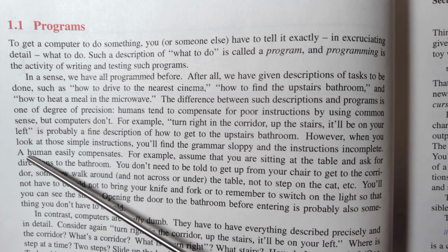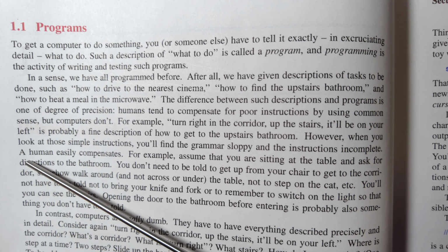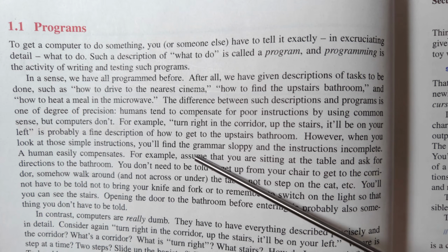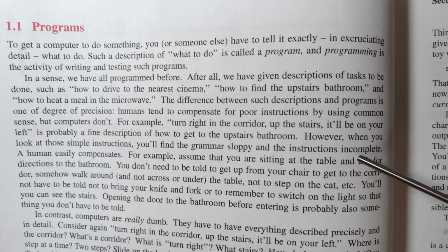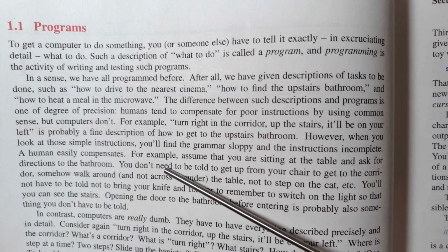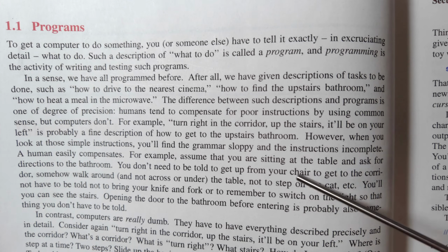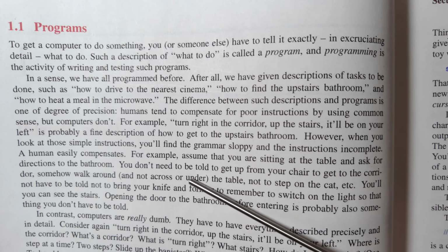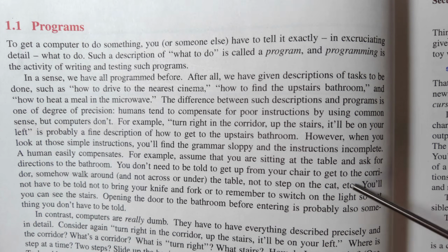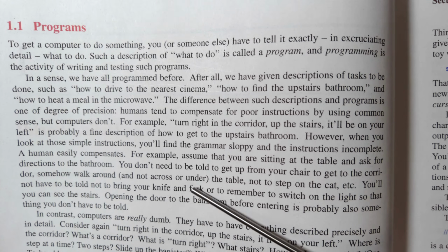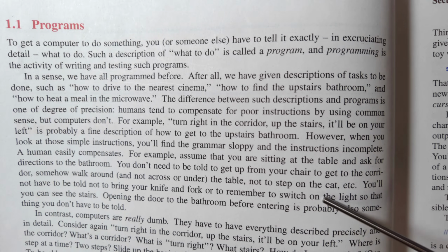However, when you look at those simple instructions, you'll find the grammar sloppy and the instructions incomplete. A human easily compensates. For example, assume that you are sitting at the table and ask for directions to the bathroom. You don't need to be told to get up from your chair, to get to the corridor, somehow walk around, and not across or under the table, not to step on the cat, etc.